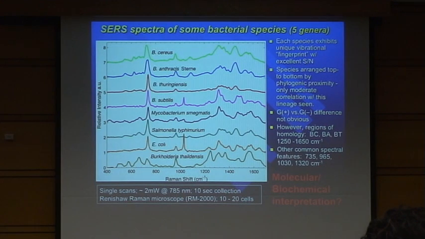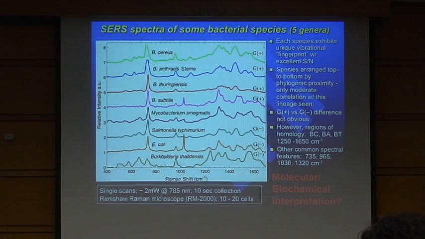So just to give you some overview here. These are SERS spectra of, I guess, 8 different bacteria covering 5 different genera, with good signal to noise, a couple of milliwatts of incident power. Everything I tell you is also at 785 nanometers, so purely non-resonant with any features in the bacteria.